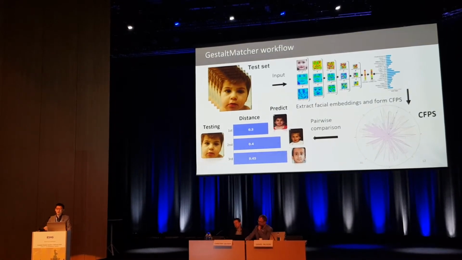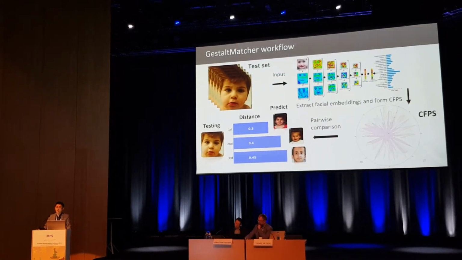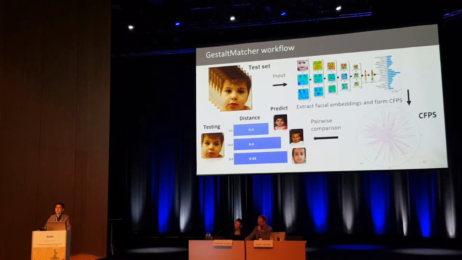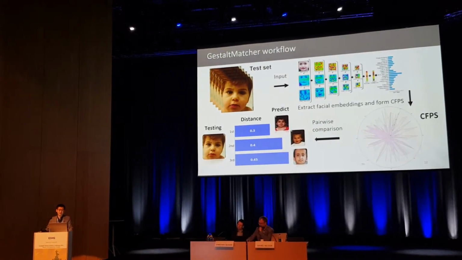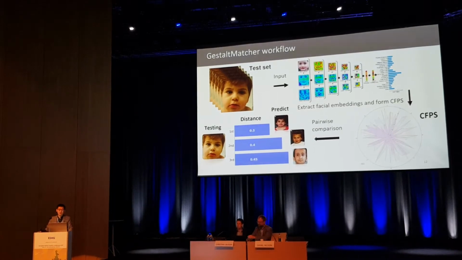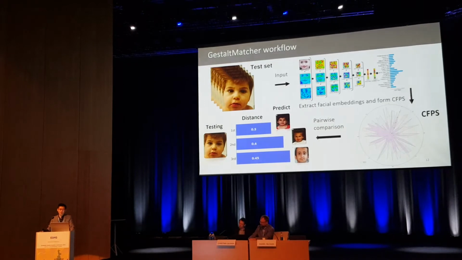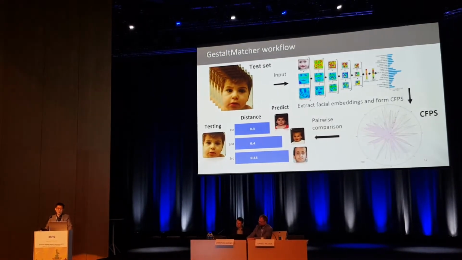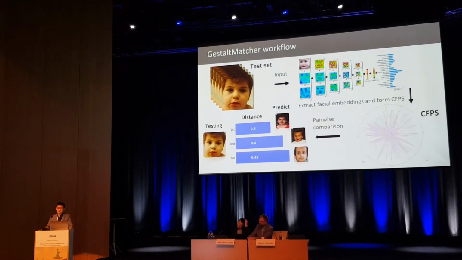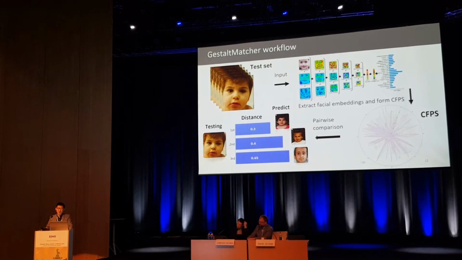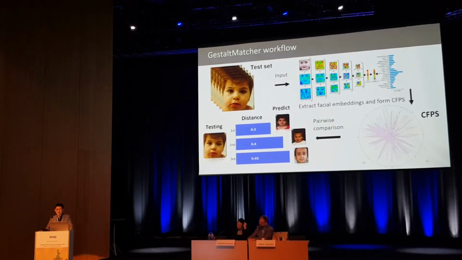And in the end, we can simply sort the patients by the distance between each other to find the similar patients. For example, here, for the testing image on the left, these are the top three nearest patients in the testing set. So it means that these are the three most similar patients to this testing image in the test set.